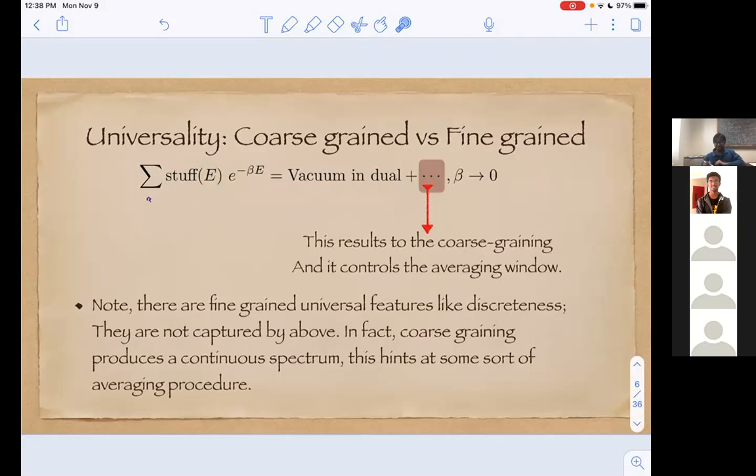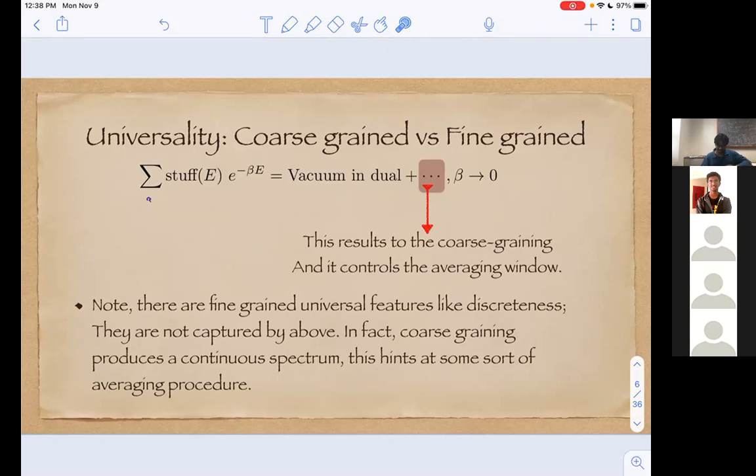So naively, even if we forget about this error term, this answer should tell us that there is some sort of averaging going on in the backdrop of the calculation. So our main task here is to see the tail and have some quantitative control over this averaging window.